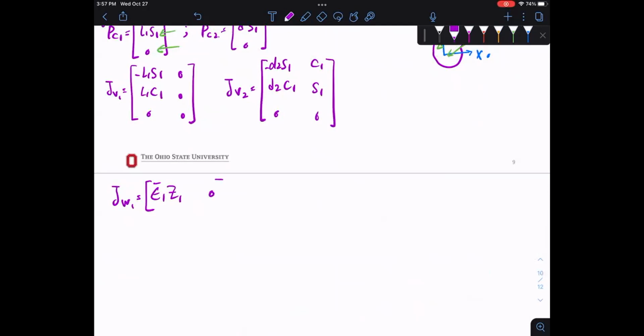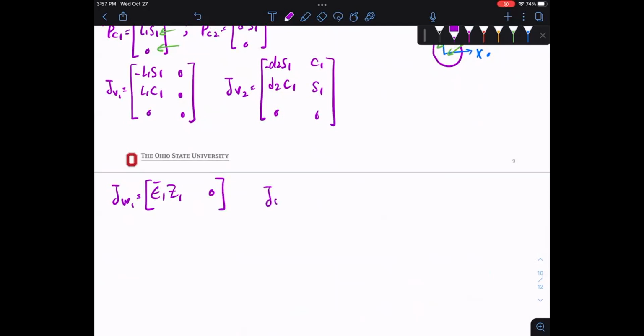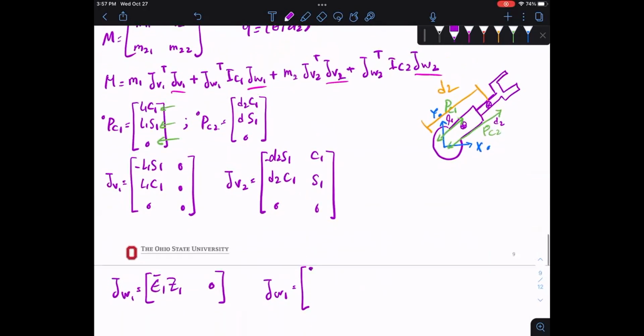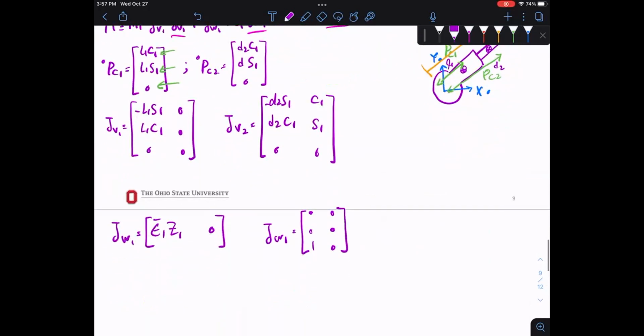And for the second one, you just give 0 because you know the second link does not contribute to the angular Jacobian. So J omega 1: the first one is a revolute joint, 0, 0, 1, the z-axis. This becomes 0, 0, 0 because that's 0.